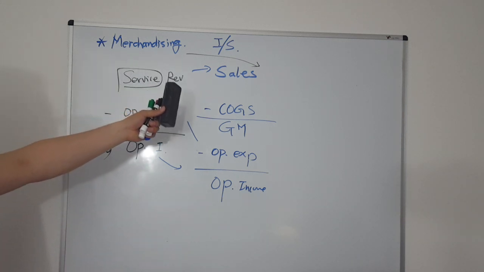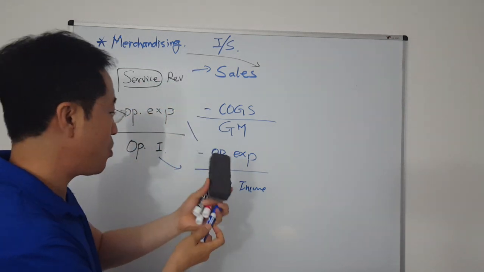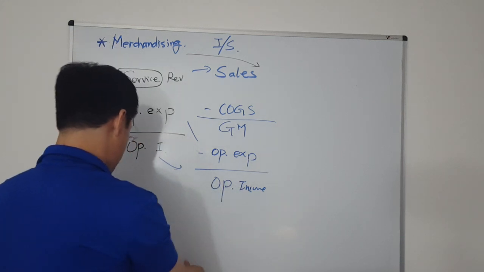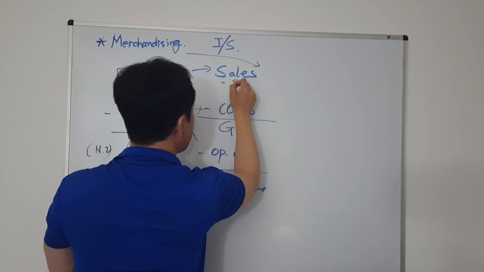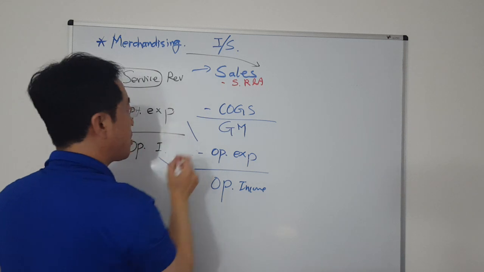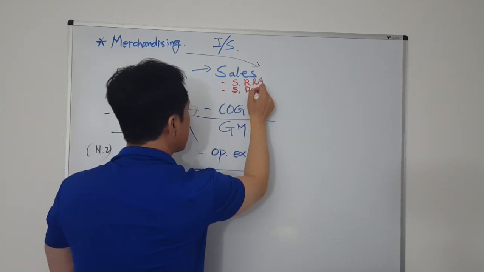And then we discuss more about sales. That's gross sale, but now we know we have to deduct what? Sales return and allowance, and sales discount.